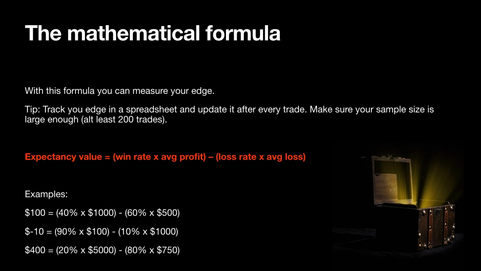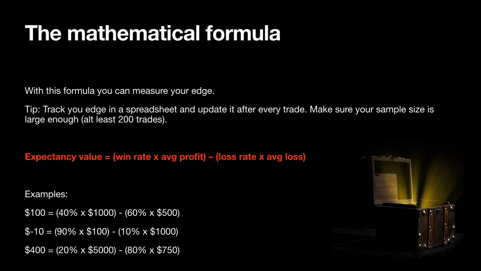Because if you do not control your losses, and this is the second part of this formula, the 10% multiplied by 1,000, that means in 10% of all your trades, you make a loss of $1,000 on average. In that case, your strategy is not profitable.